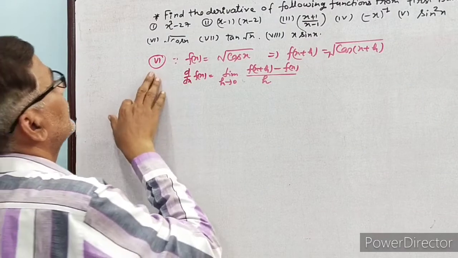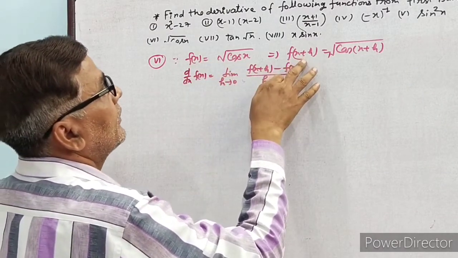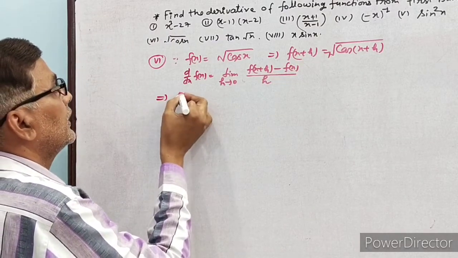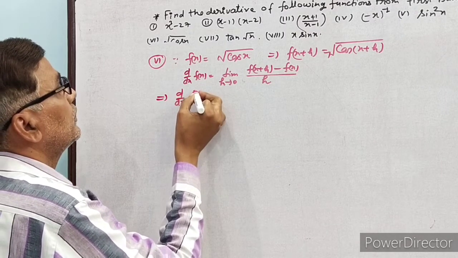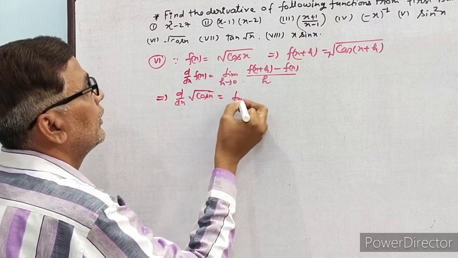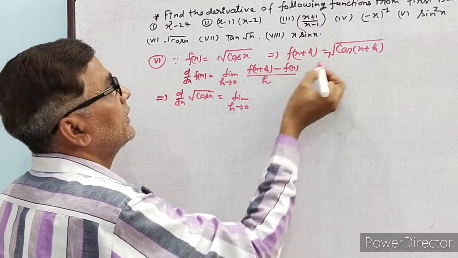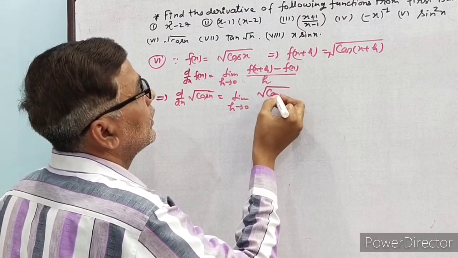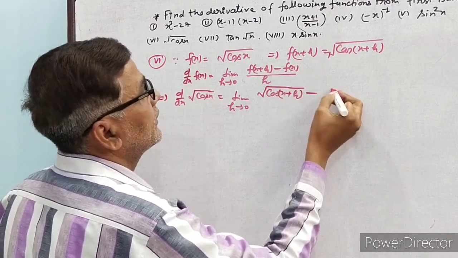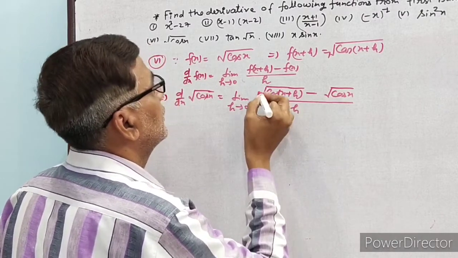The next question is f(x) is equal to root cos x. Now we can write f(x plus h) is equal to root cos (x plus h), and now replace these values in the relation. For the first principle, we have limit h approaches to 0, f(x plus h) is root cos (x plus h) minus f(x) is root cos x, upon h.